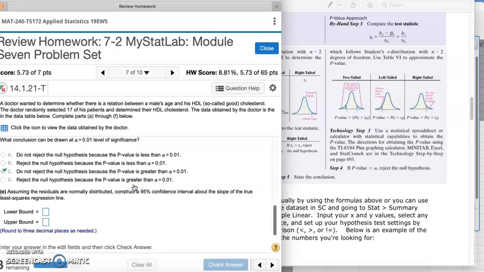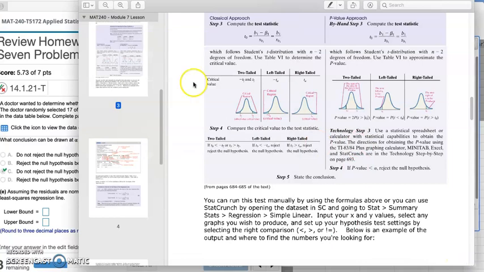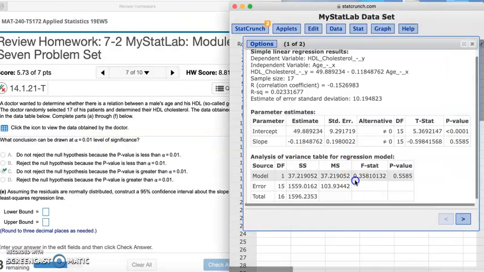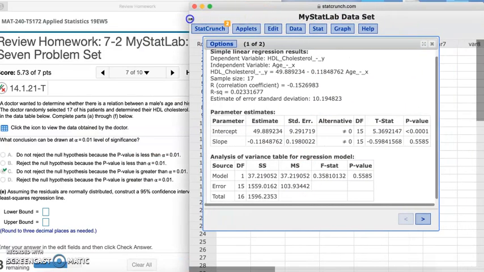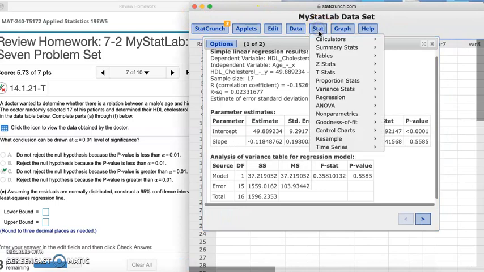Excellent. All right, assuming the residuals are normally distributed, construct a 95% confidence interval about the slope of the true least squares regression line. So again, we're going to go back to our StatCrunch window. All right, again, we're going to do it the same way we did before, but now we're going to be checking confidence interval instead of hypothesis test, just like we did a couple of modules ago when we first covered hypothesis testing and confidence intervals.